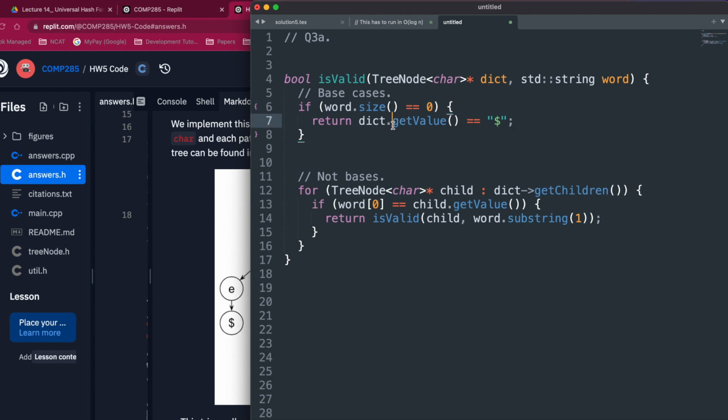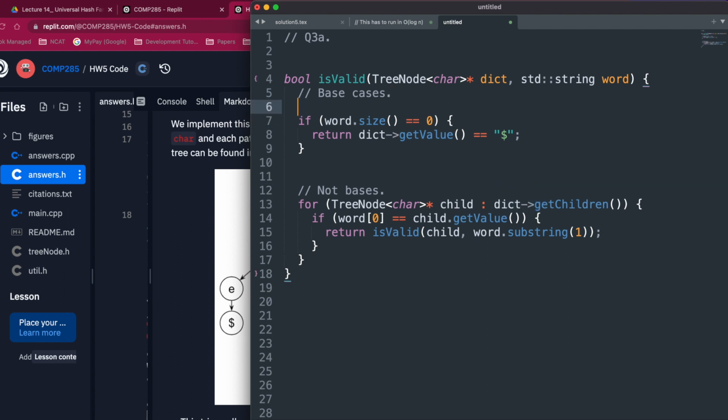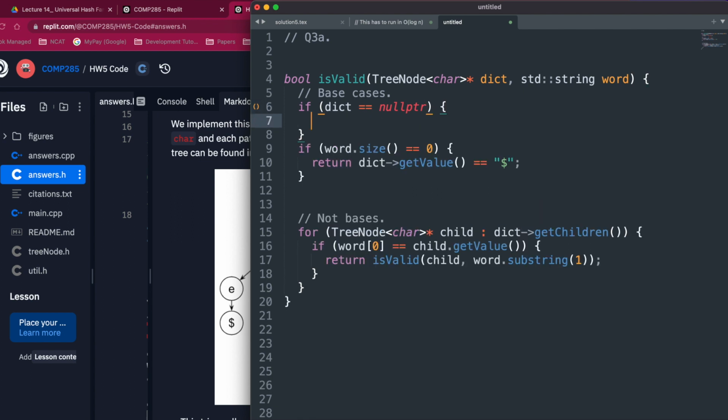Something else that you want to keep in mind here is that you're indexing into this dict. So there is another base case, which is if dict is a null pointer. So this is our child, and we should actually never hit this case because we only ever call ourselves on valid children.